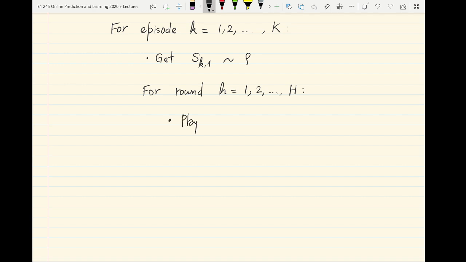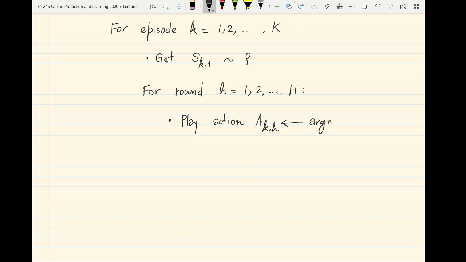So the learner plays the action a_k^h, which is just the usual greedy action, assuming that the current table of Q values was the actual table of optimal Q values.